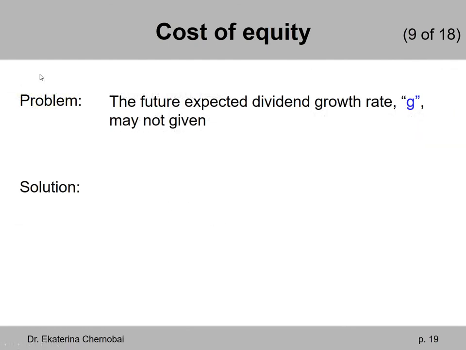Next, the growth rate in dividends in the problem we just looked at was given. That was 5.1%. But what is this growth rate really? It's the expected rate of growth in dividends every year in the future.